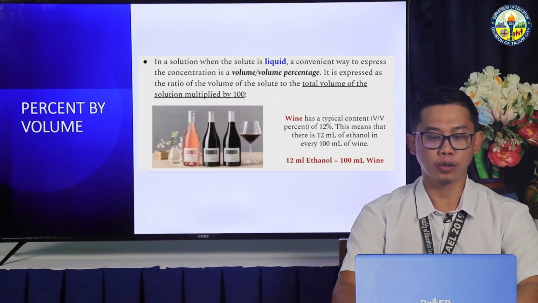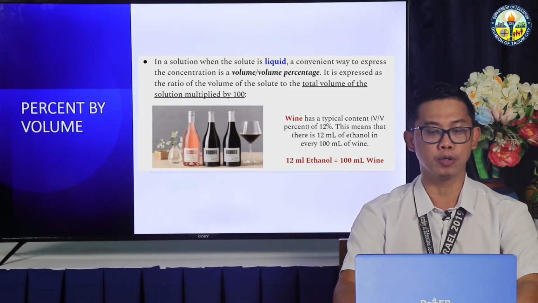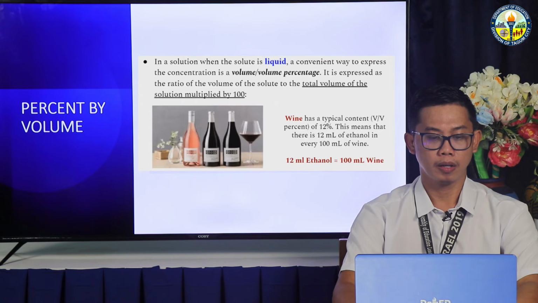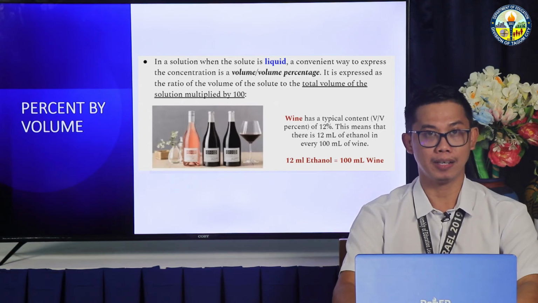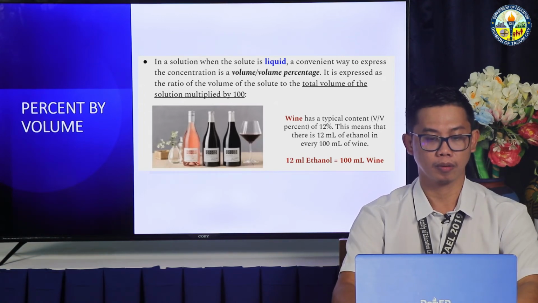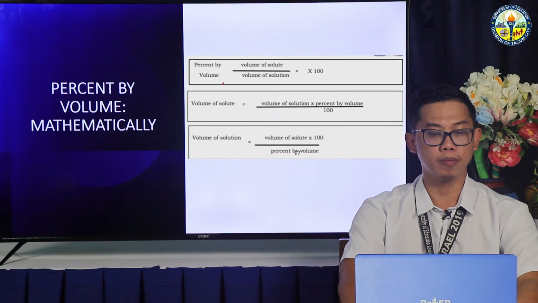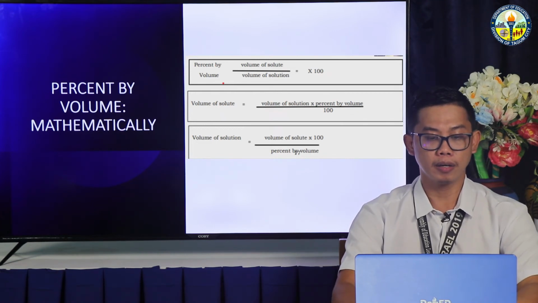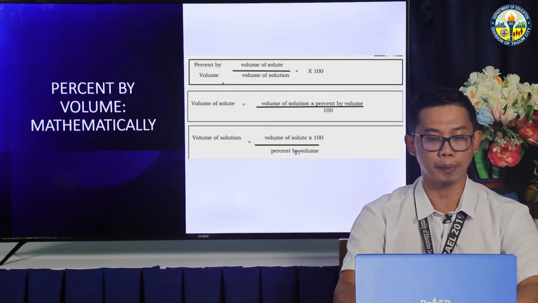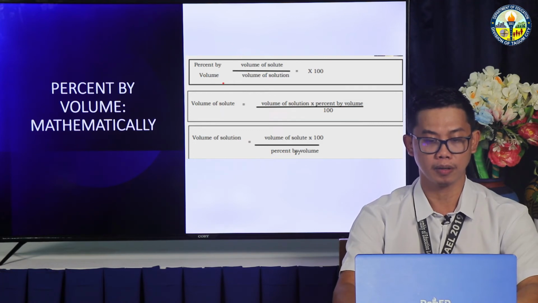And for us to calculate the percent by volume, we will have this mother formula and its derivations. First, percent by volume equals the volume of solute divided by the volume of solution, then multiply by 100%.